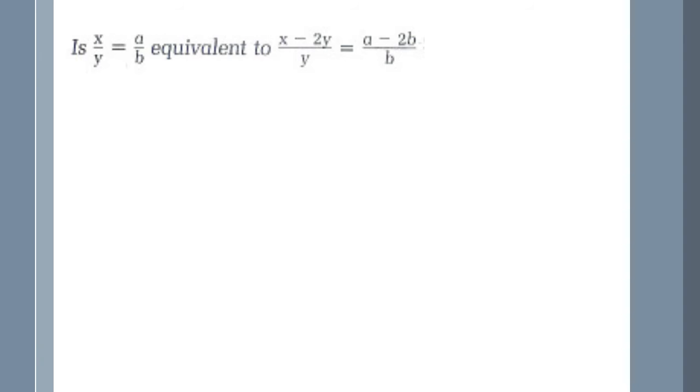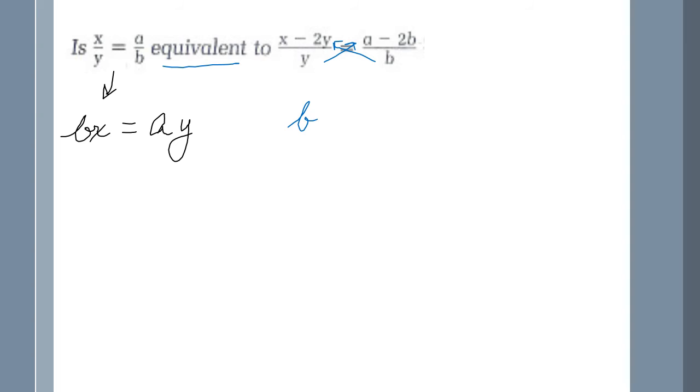So over here, this one is equal to bx equals ay. Now, if I do this problem on the right and get the same results when I cross multiply, then these two are equivalent. So let's go ahead and do that.